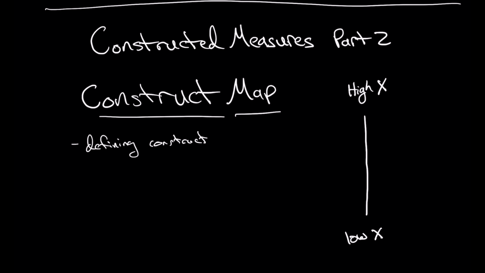So the idea of the construct map is that we have this ordering that we're going to create. We're going to have low scores and high scores. And let's talk about people.